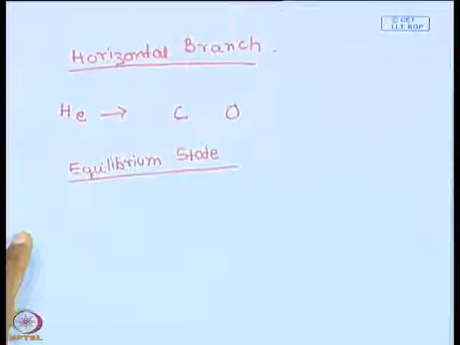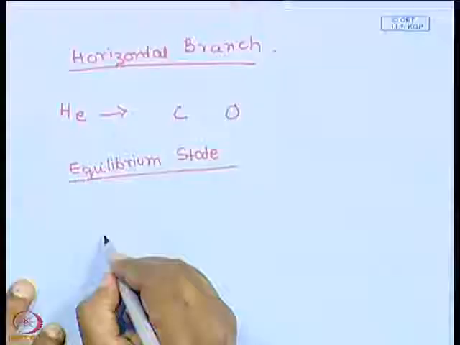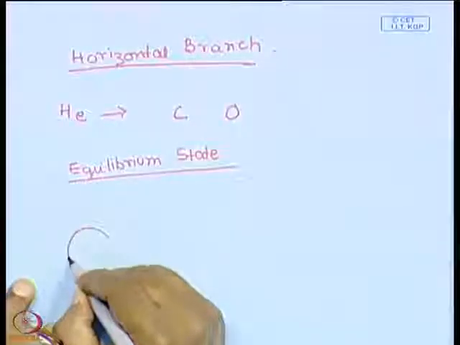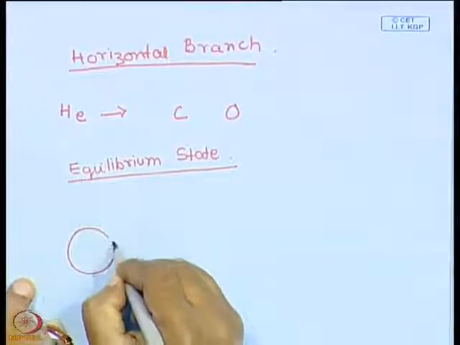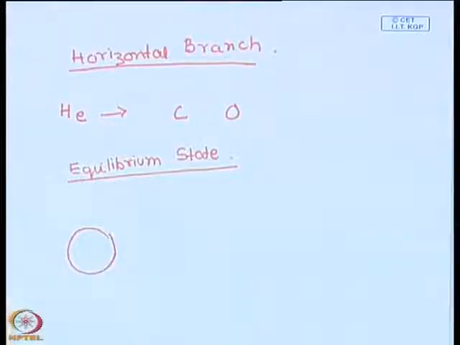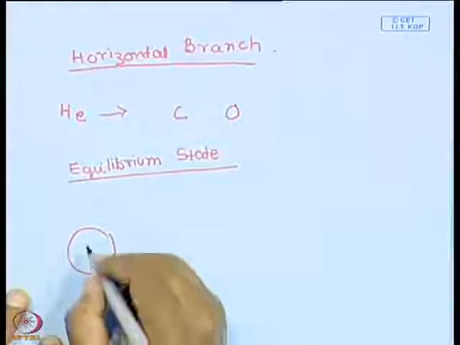It remains there for some time, and then when all the helium is burnt out, you have a core which again is inert and is made up of carbon and oxygen.